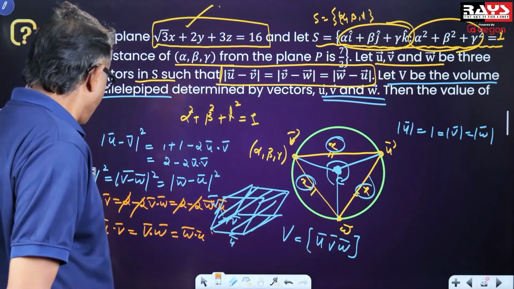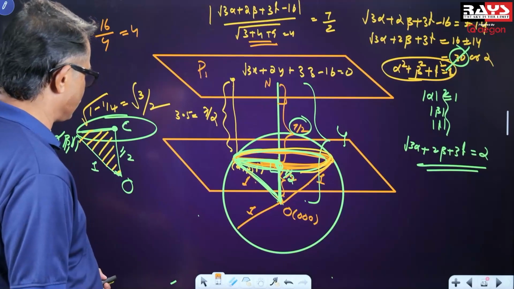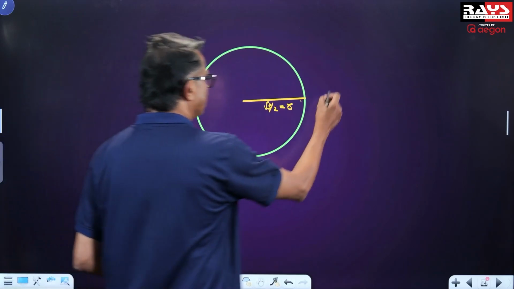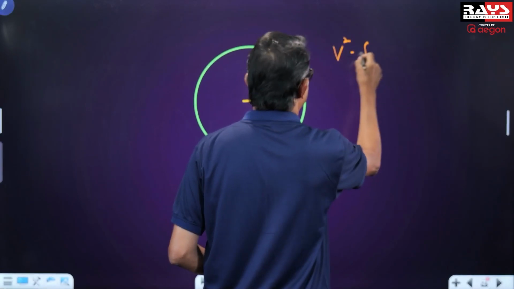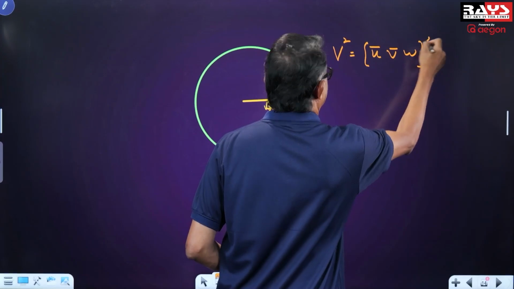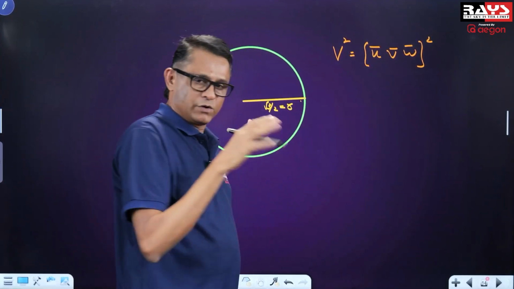Okay, and we have to find the volume. Volume v, let us come back to this. Volume v is given by, or v square is equal to box uvw square. This is the volume square, so to find the volume you have to take the square root.